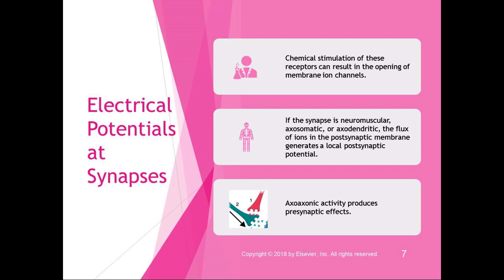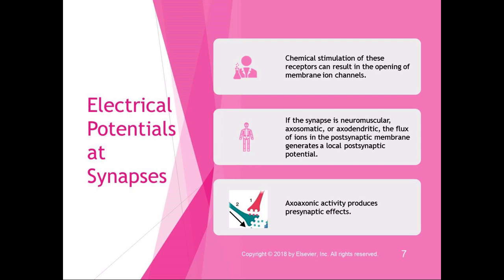So if it's neuromuscular, axosomatic, or axodendritic, the flux of ions in the postsynaptic membrane creates a local postsynaptic potential. Okay, so it potentially depolarizes that postsynaptic cell. Or if it's an inhibitory signal, it could hyperpolarize the postsynaptic cell. But in other words, in a neuromuscular, axosomatic, or axodendritic synapse, something happens to the postsynaptic cell.